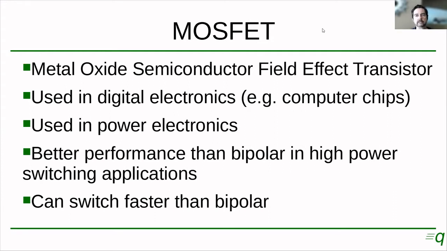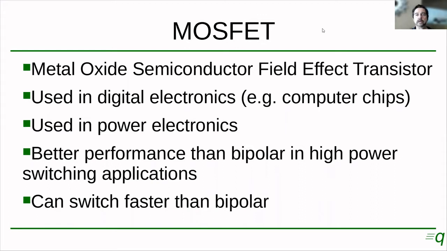That is a lot of words and they don't mean much, so everybody just calls them MOSFETs or just MOS transistors. They're used in digital electronics like computer chips. Those have millions of these transistors in a chip for a big processor like the one on your laptop or your phone.